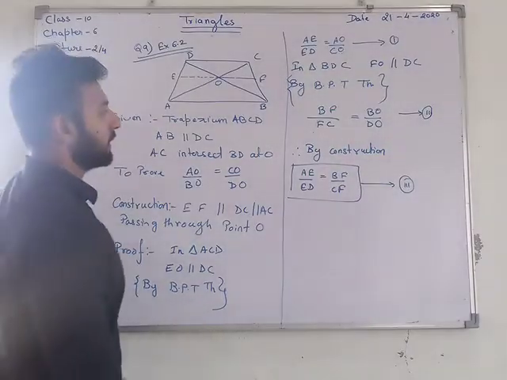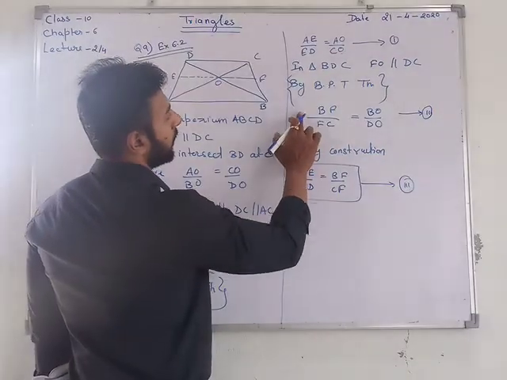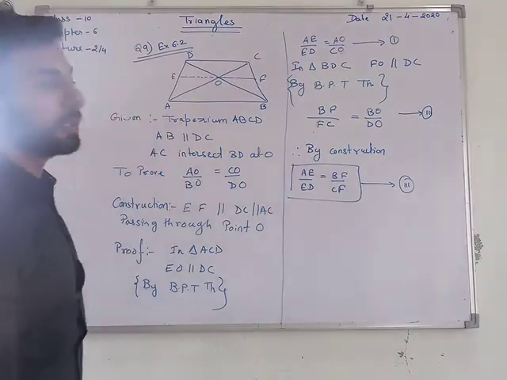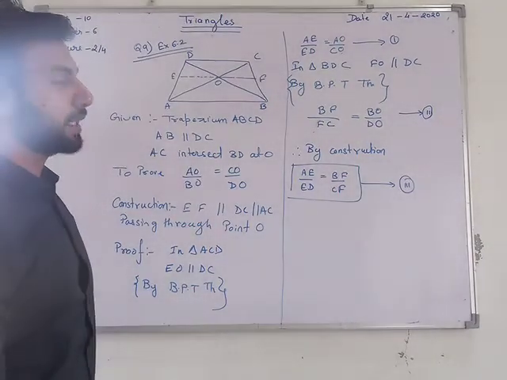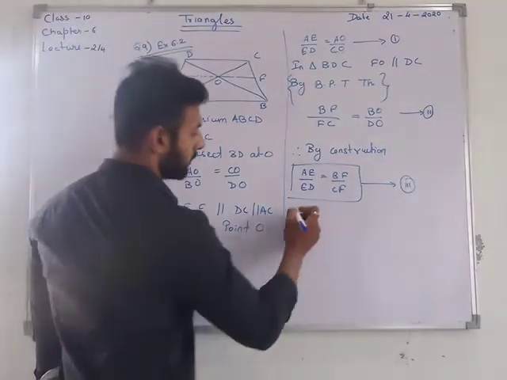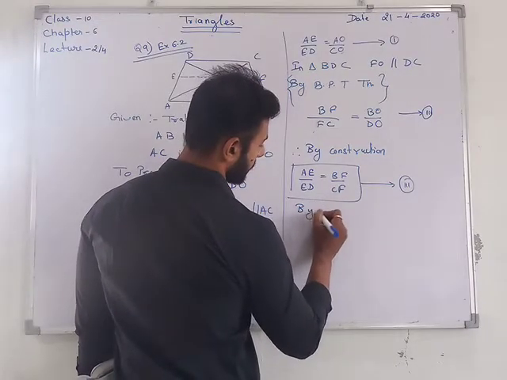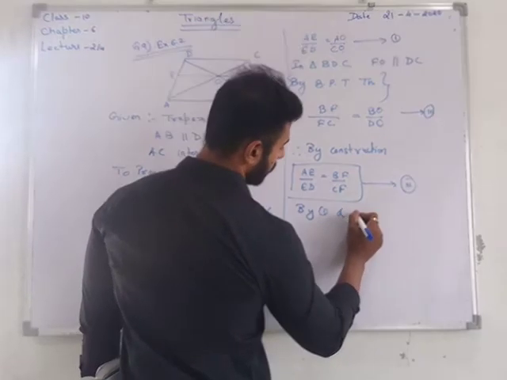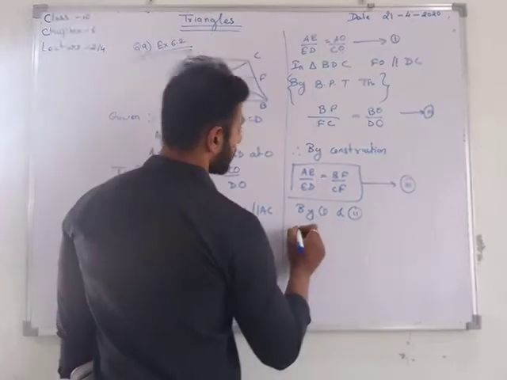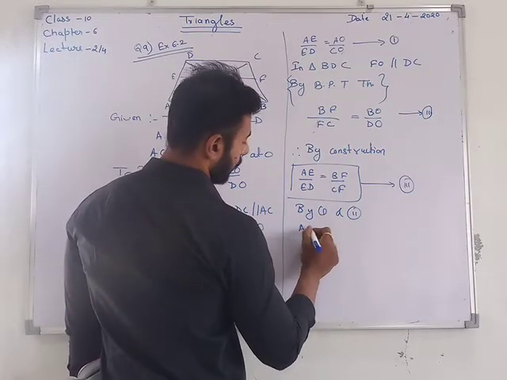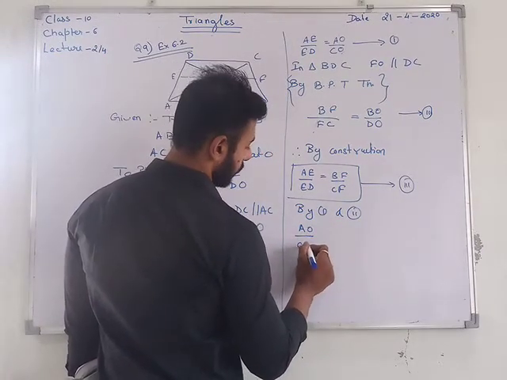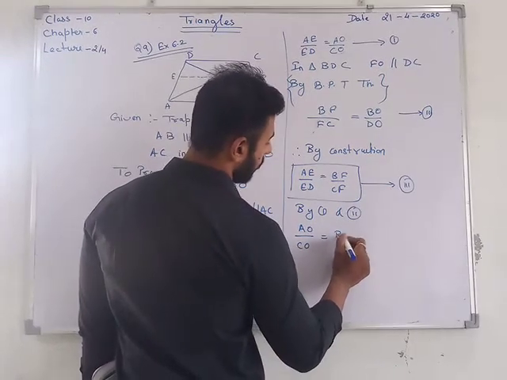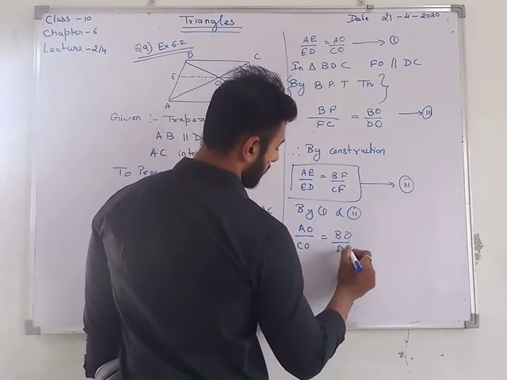Now we can see that if the LHS of the first and second are equal, then the RHS will also be equal. By 1 and 2, we can write AO upon CO is equal to BO upon DO.